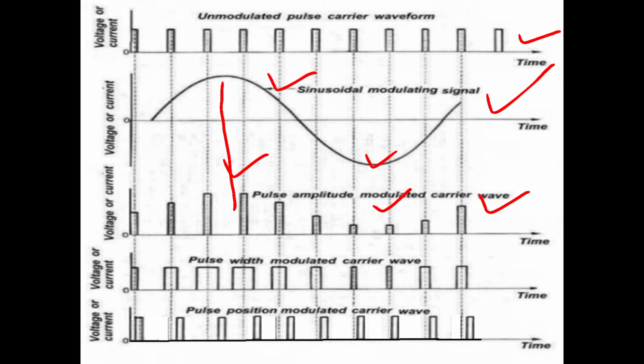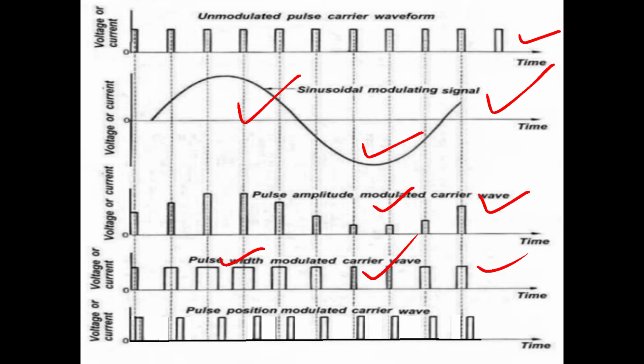Likewise, the pulse amplitude varies in pulse amplitude modulation. Now let's see the fourth one, the pulse width modulation. Here observe that the width of each pulse varies according to the message signal. If the message signal amplitude is more, then the width is also more. If the message signal amplitude is less, then the width is also less. This is pulse width modulation.